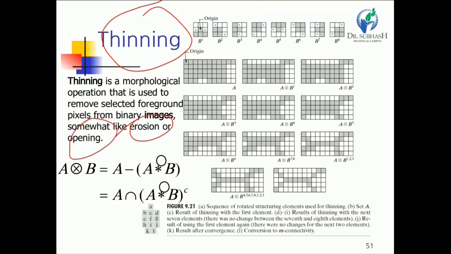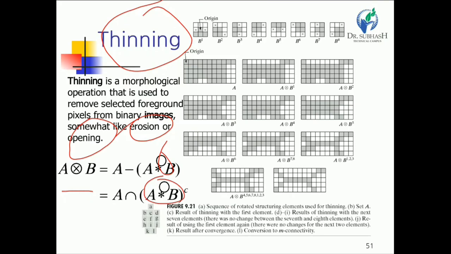The mathematical representation of thinning is A thinning B equals A minus the hit-or-miss transform of A with B, which is equal to A intersected with the complement of the hit-or-miss of A with B. This is the function of thinning.